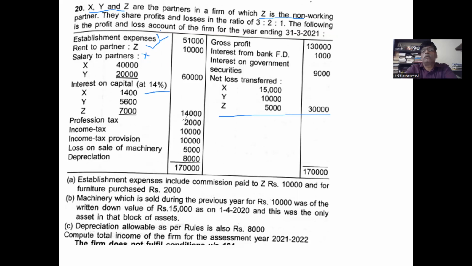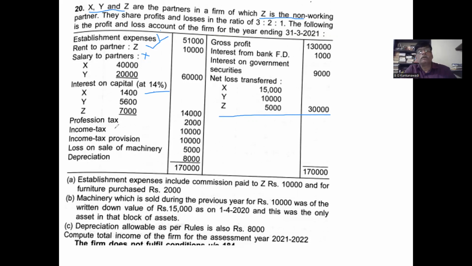Professional tax is allowable. Professional tax is required for running the profession, and business is also considered as one profession. Therefore, to run your business, professional tax is a business expense, so it is considered an allowable expense.